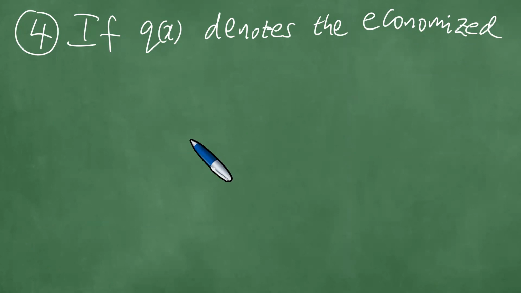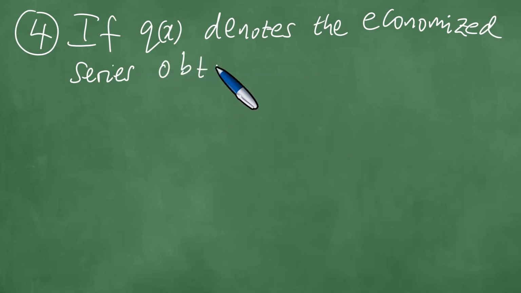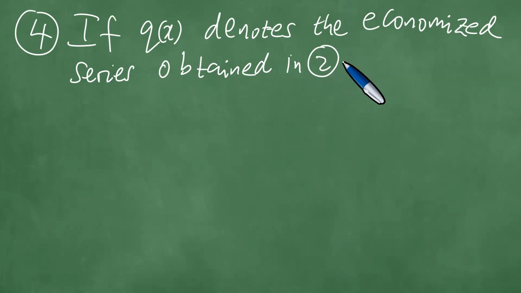If Q of x denotes the economized series obtained in 2 above, what is the maximum?